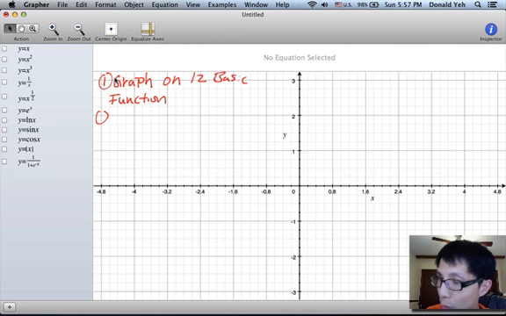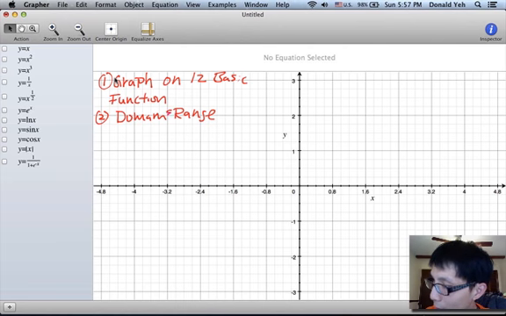You have to know, by looking at the graph, how to analyze what the domain and range are. Domain and range. Okay.